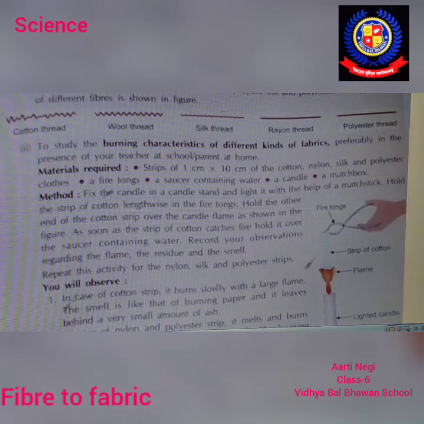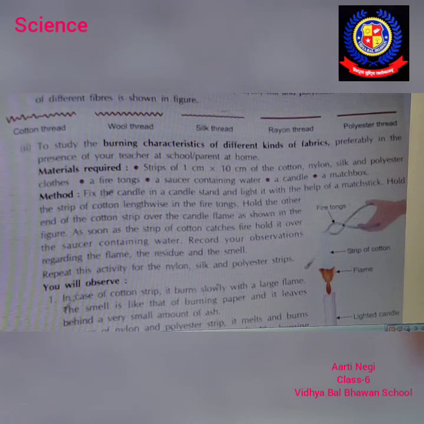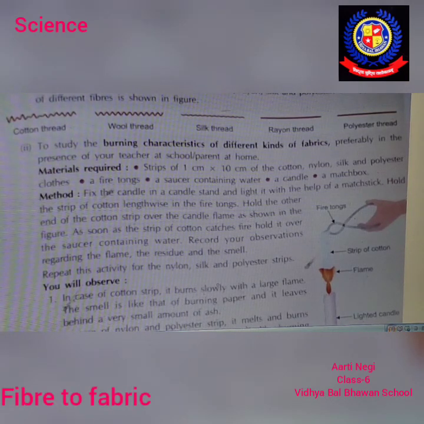But when you burn nylon or polyester strips, they melt down slowly to form grey sticky beads, and smell like burning plastic. In the case of silk, it burns poorly without any flame, meaning you will not get any flame there, and it gives a smell like charred meat, and its residue swells up to form black ash.